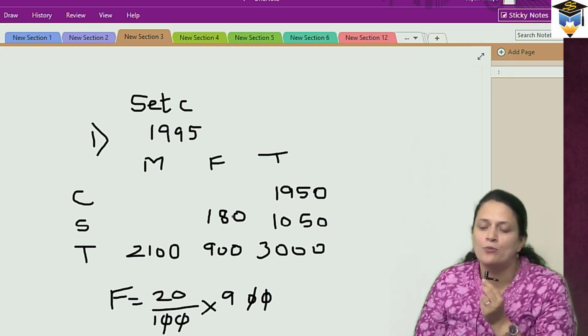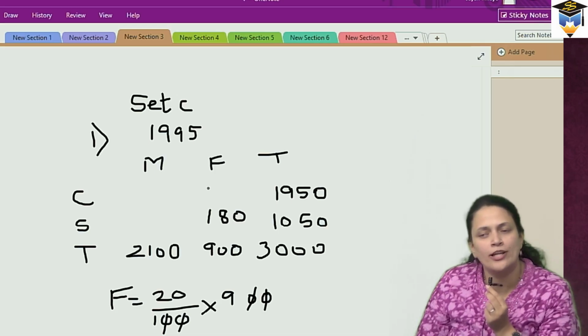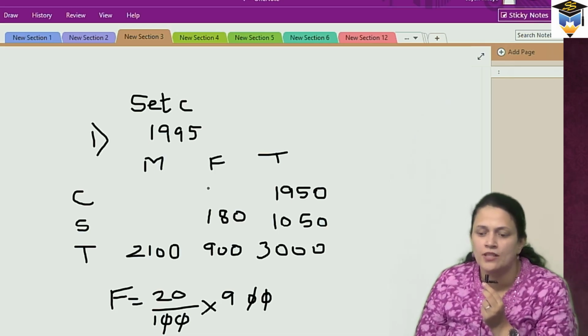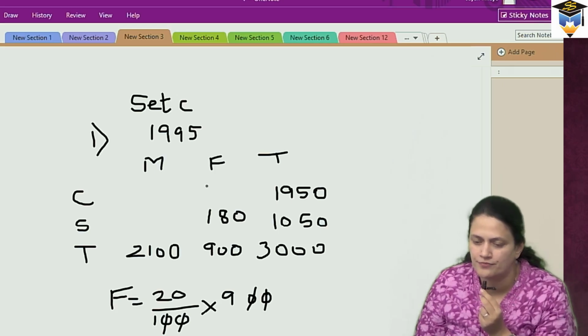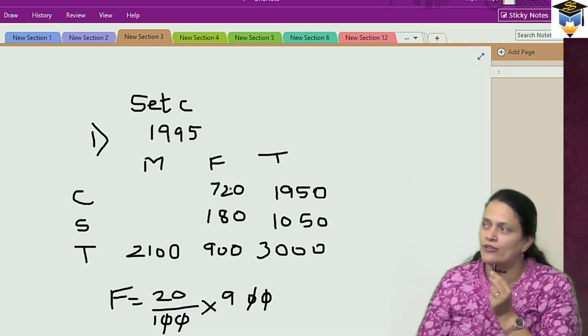Now tell me, how much is 900 minus 180? That will give us the females who read commerce. 900 minus 180, 720. Everybody has understood up till here how we have solved?